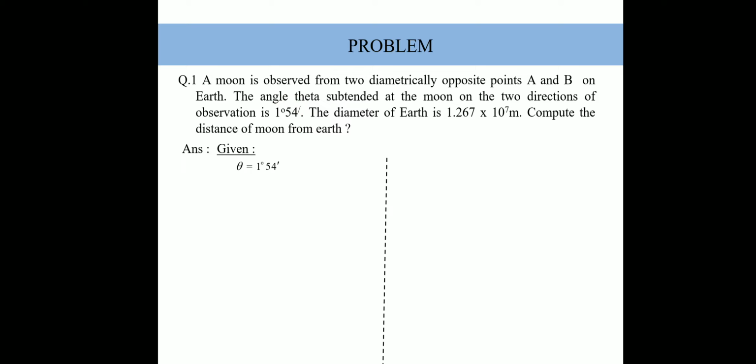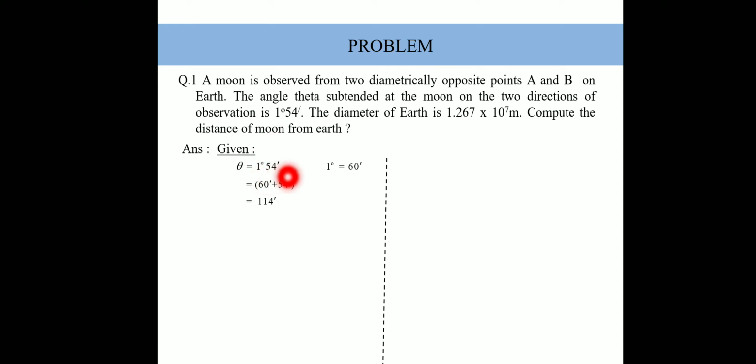How do we convert 1 degree 54 minutes to radians? First of all, we know that 1 degree is equal to 60 minutes, and if we add 54 to it, the total becomes 114 minutes. So first convert degrees into minutes.